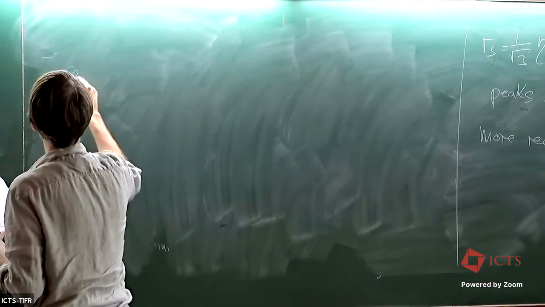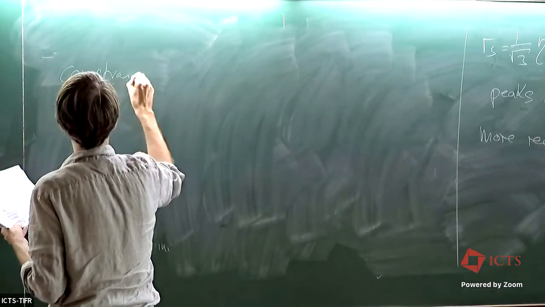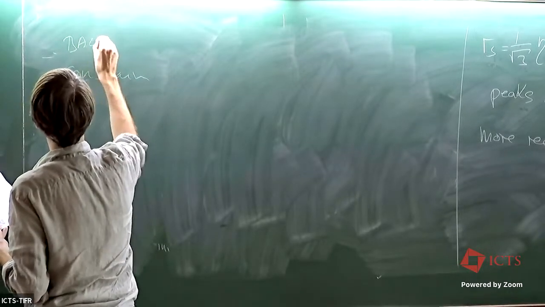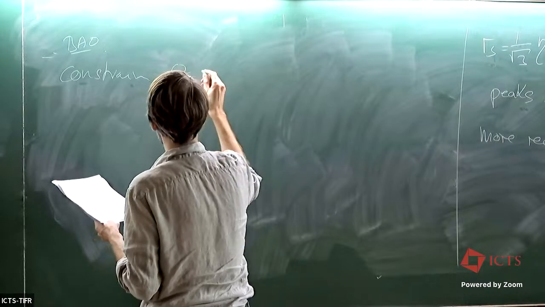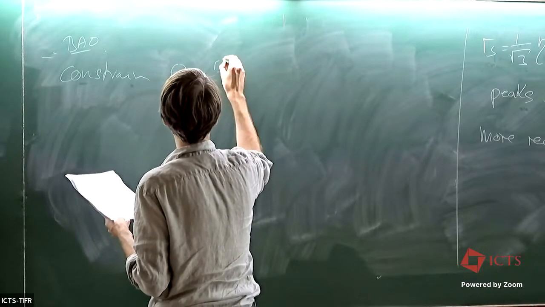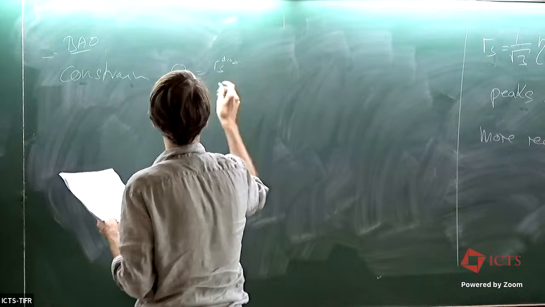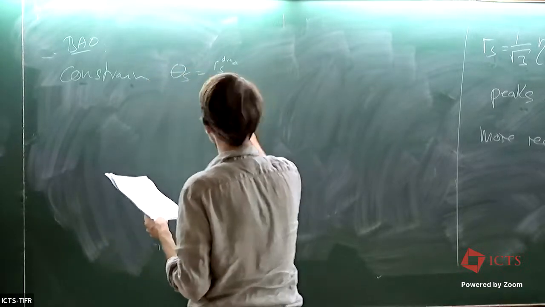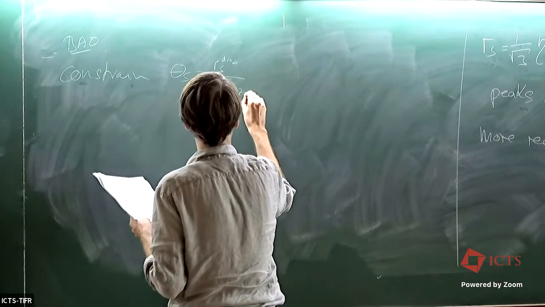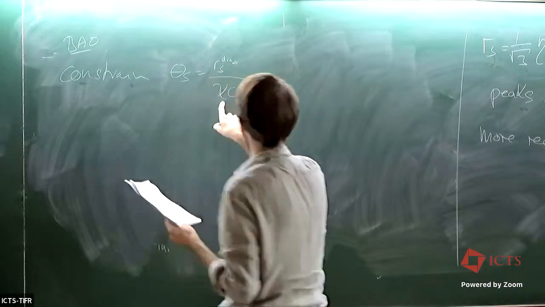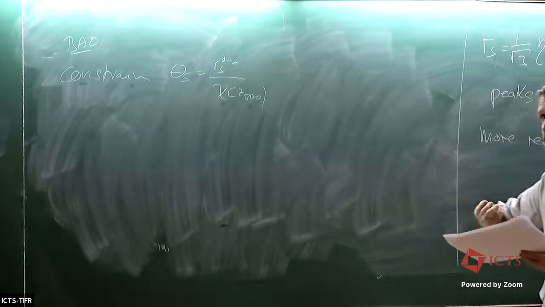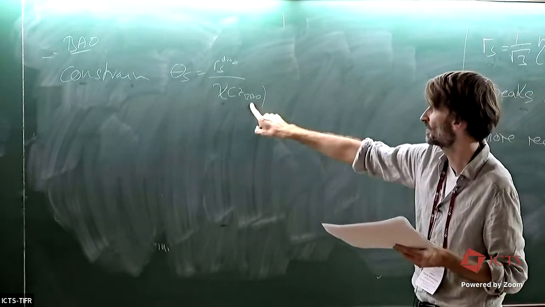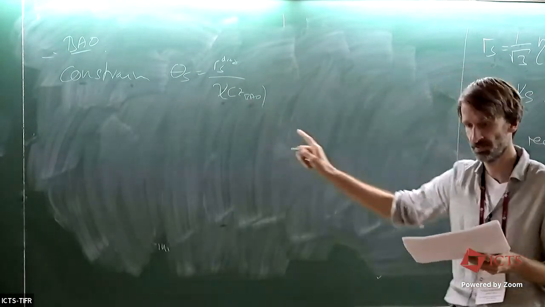So in BAO, you constrain the angle, which is the sound horizon at what is called radiation drag divided by the co-moving distance, but this time at BAO and not recombination. So this is more a number of order 1.